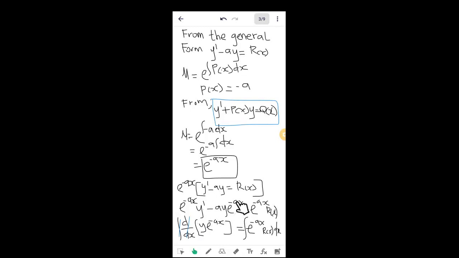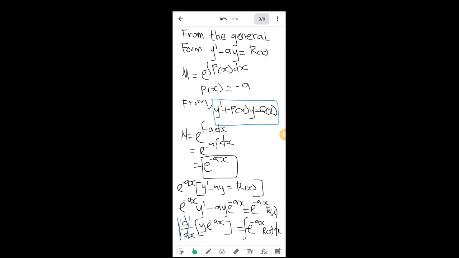So the whole of this can be written as y multiplying e to the power minus ax. So my e to the power minus ax y prime minus a e to the power minus ax is a product function, and it is d/dx of this function.